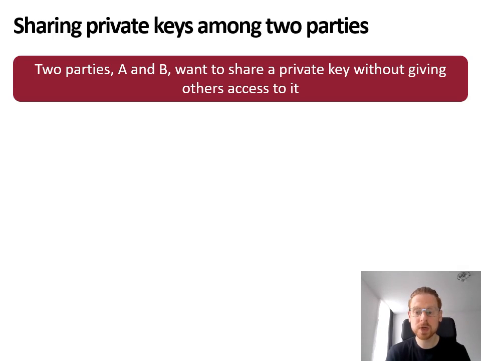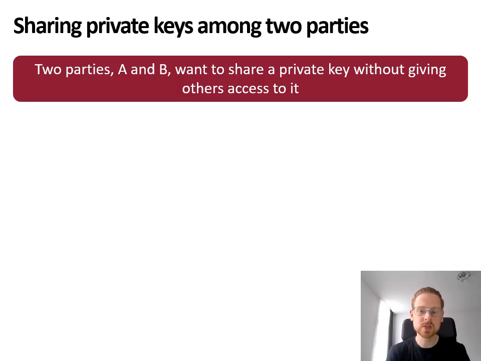The question therefore is, how do they exchange this key without others seeing it? This can be done on one hand using other symmetric encryption methods or using asymmetric encryption. In this video we'll talk about using symmetric encryption and in the next one about using asymmetric encryption.